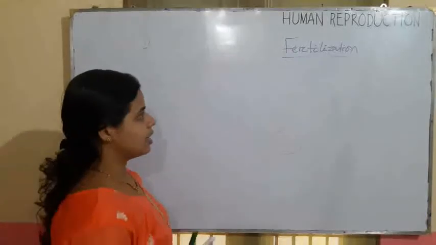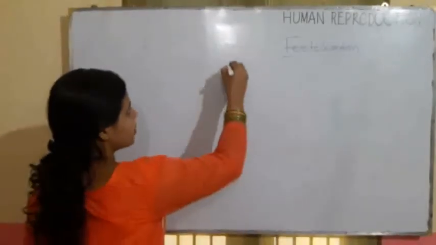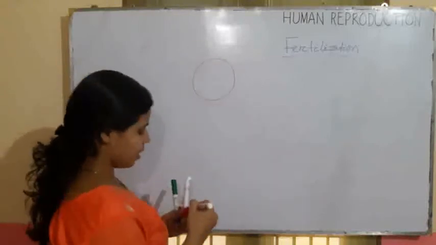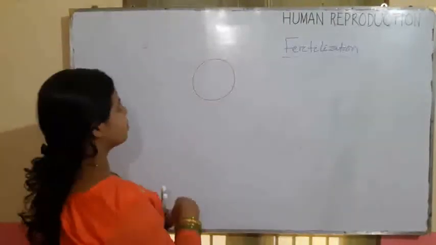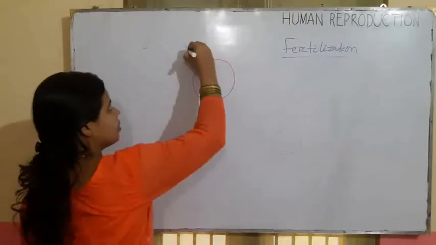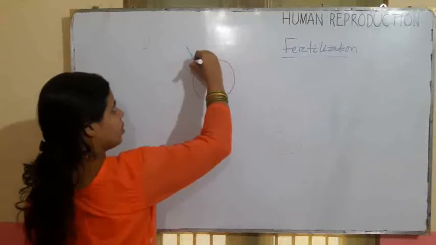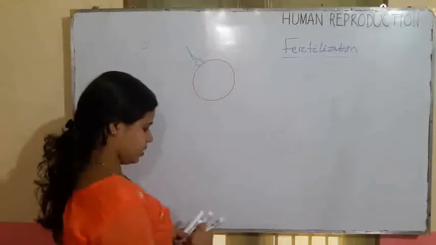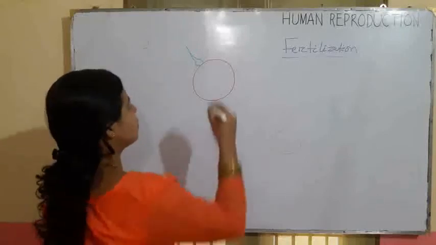Now we will discuss the sperm. Suppose this is the ovum, and the sperm enters or attaches to the ovum site, which has many layers.